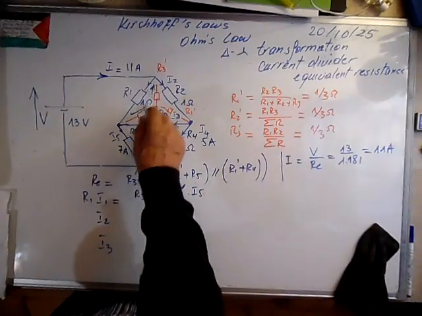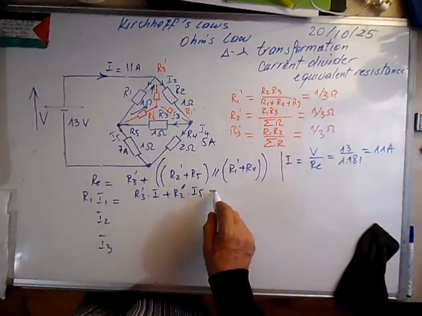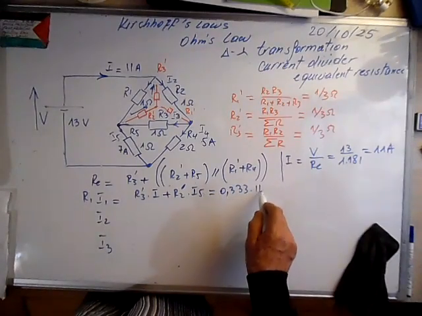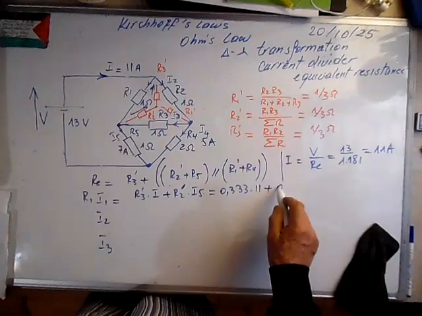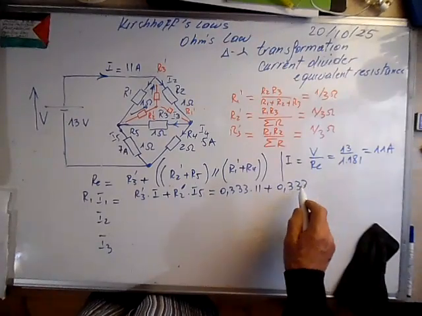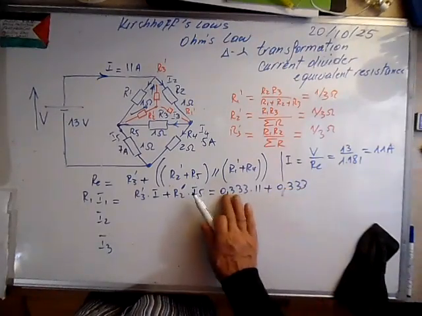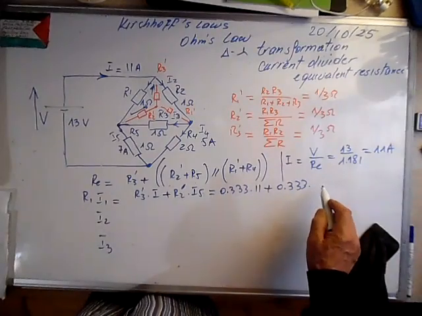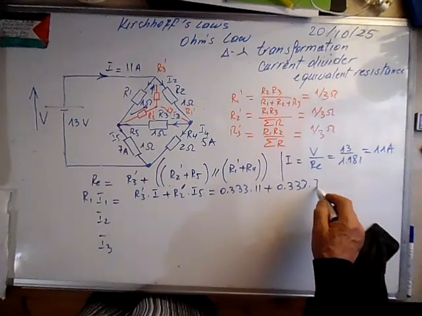This is the drop here, R2 prime. So it's 0.333 times 11 plus R2 prime, 0.333, times I5, which is 7.